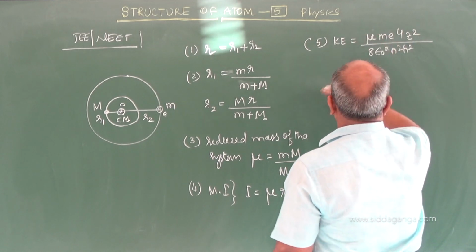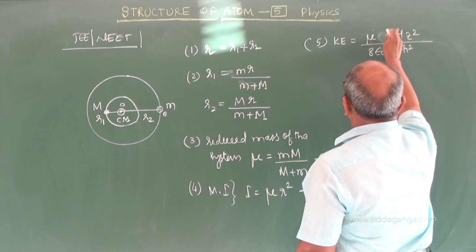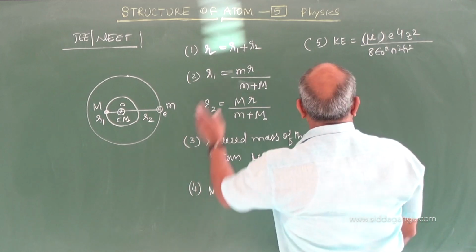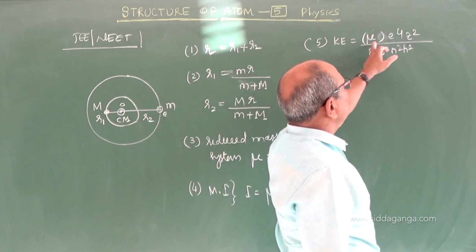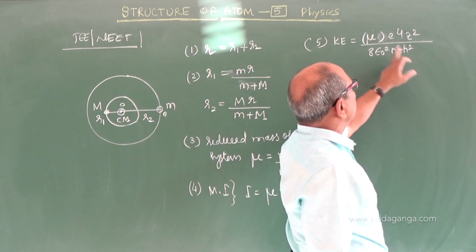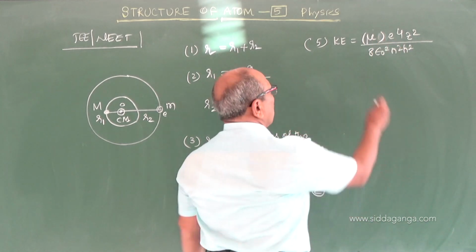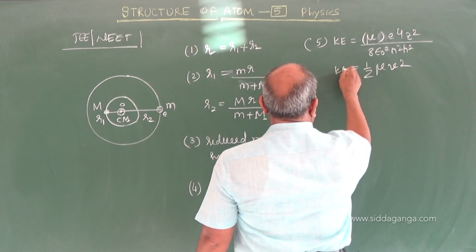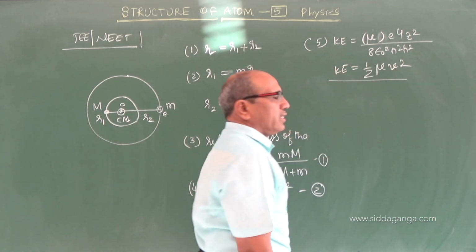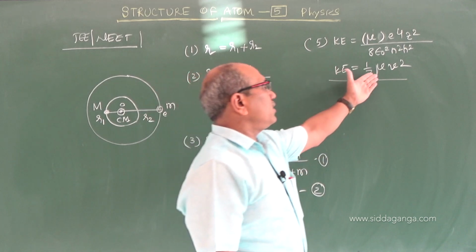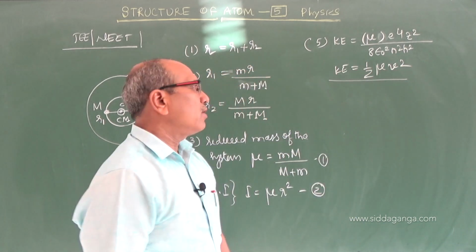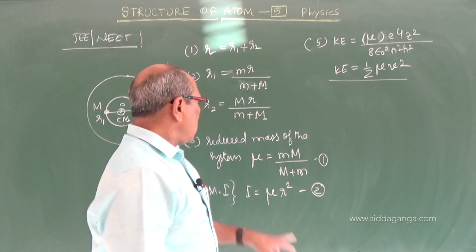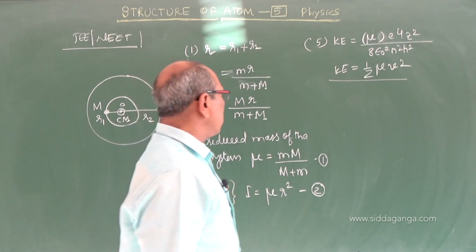Instead of mass m for the electron in the relation m e to the power of 4 z square by this, I introduced mu. Or I can write half mu v square, which is the kinetic energy we take here, or half I omega square. I have to use this here.